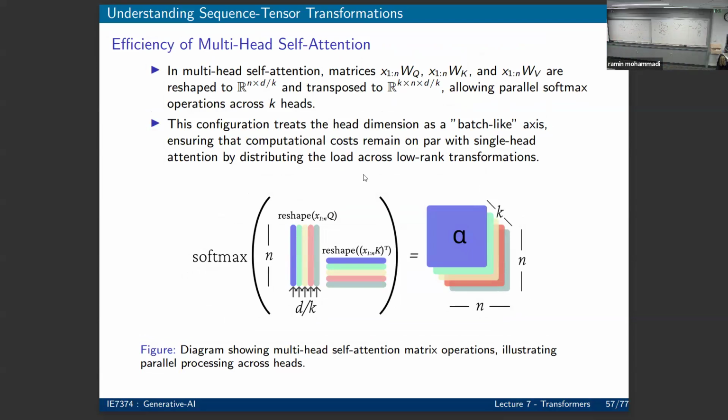Think about it: I have this data and I want to multiply it by a matrix WQ. If my data is n by d, let's say this WQ is d by p, where p is the new dimension. In a single attention, that's what you do.